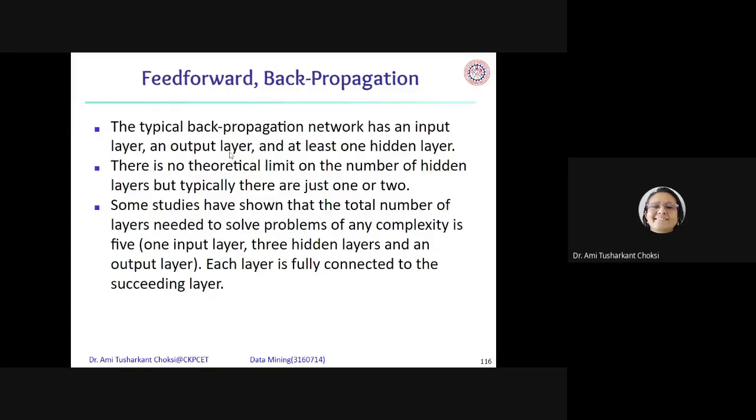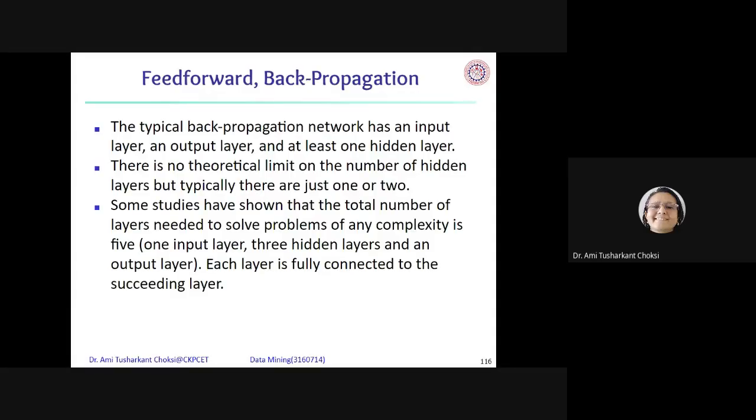The typical backpropagation network has an input layer, an output layer, and at least one hidden layer. There is no theoretical limit on the number of hidden layers, but typically there are just one or two.